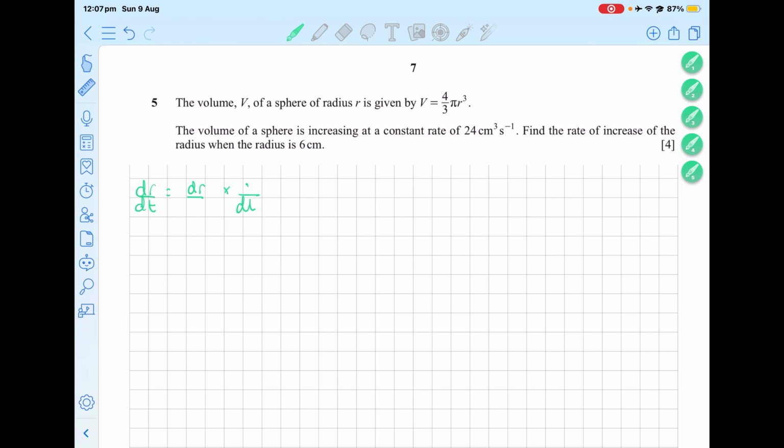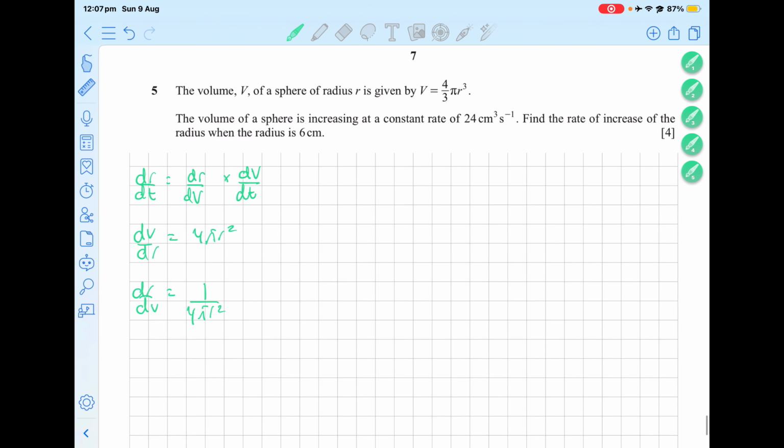Since we have the volume, why don't we just try using volume? So what's dV by dr? Well, that's 4 pi r squared. So dr by dV must be 1 over that, so 1 over 4 pi r squared.